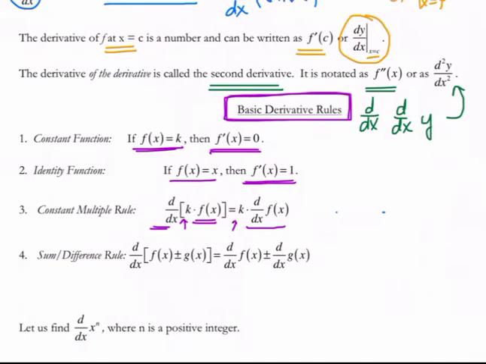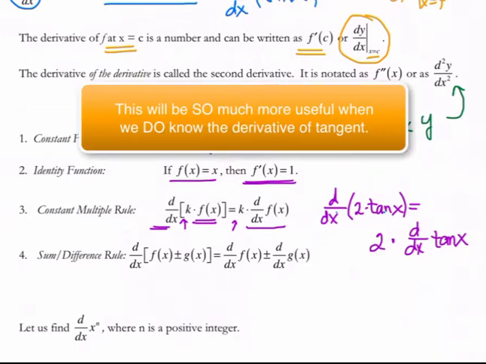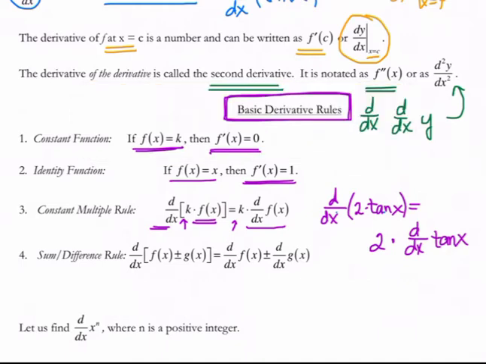So for example, if you were trying to take the derivative of 2 times tangent x. Well, we don't know how to do that right now, but we do know that if I knew the derivative of tan x, I could find that and just multiply it by 2. Okay? So the derivative of 2 times the function is 2 times the derivative of that function.